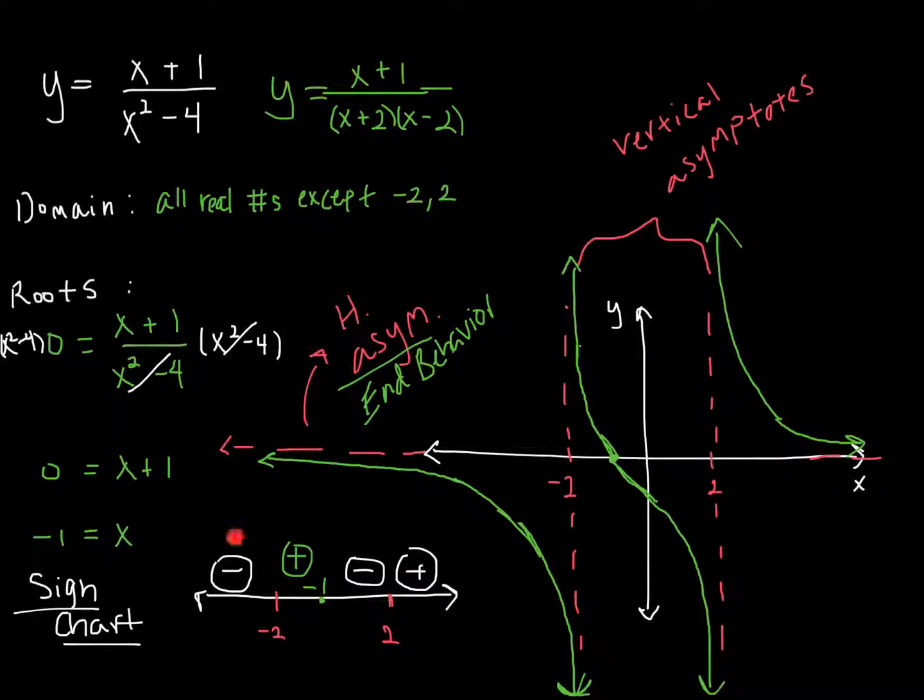And then once I make this sign chart with the vertical asymptotes and my roots, and I may have more than one, I can just figure out what the sign is going to be in each of these intervals, right? So this is the interval from negative infinity to negative 2, and from negative 2 to negative 1, and from negative 1 to positive 2, and from positive 2 to positive infinity. And then based on that, I can look at the end behavior and know what's going to happen as I get closer and closer to the vertical asymptotes and sketch a graph of this function.